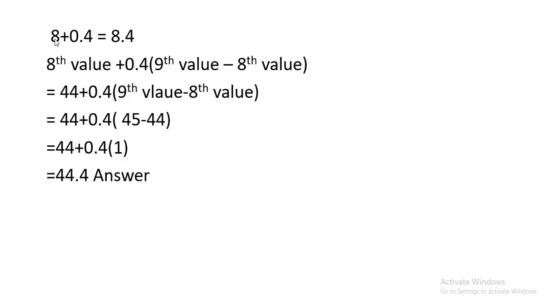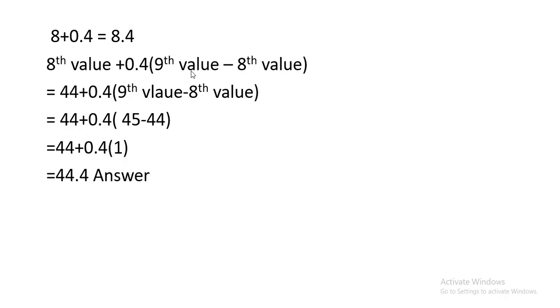The breakdown of 8.4 is 8 plus 0.4, so the 8th value plus 0.4. Since there is no such thing as a 0.4th position, we round 8.4 forward and backward, then take the difference of both the position values to find our answer.